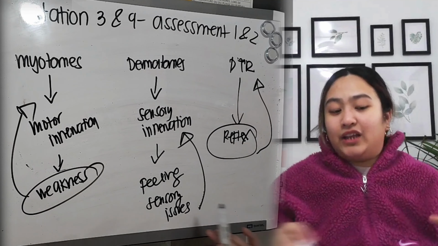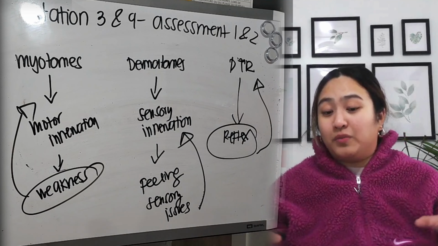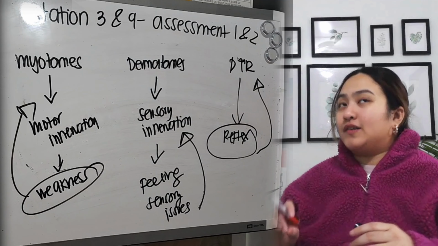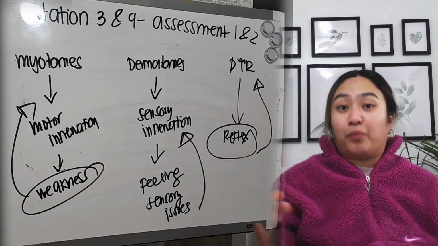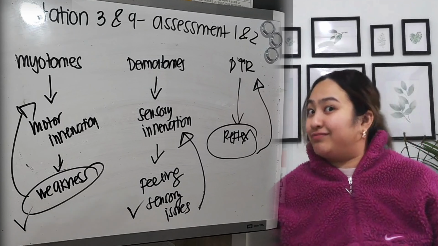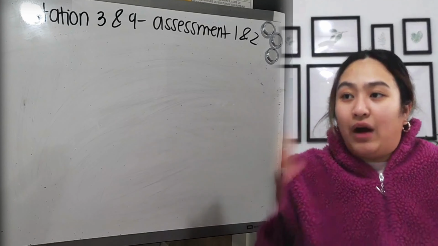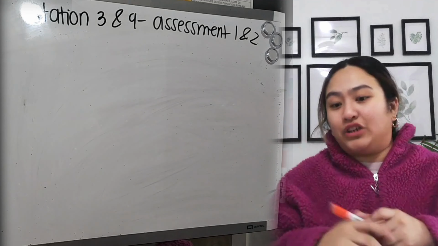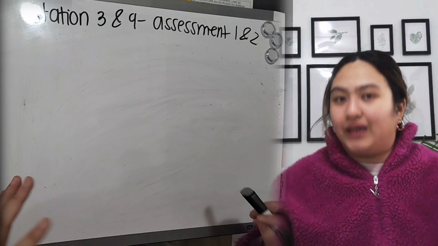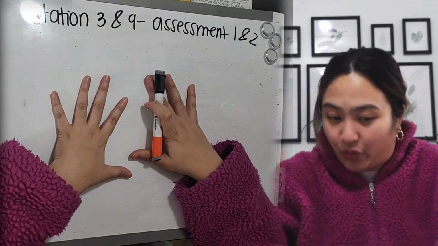Again, doing the myotomes, dermatomes, and DTR is nice to learn because it's going to help you determine where the problem is. Is it a muscle thing or is it a sensory thing? Capiche? Now, in terms of special orthopedic tests, it's going to be the same. This is my study hack for you.